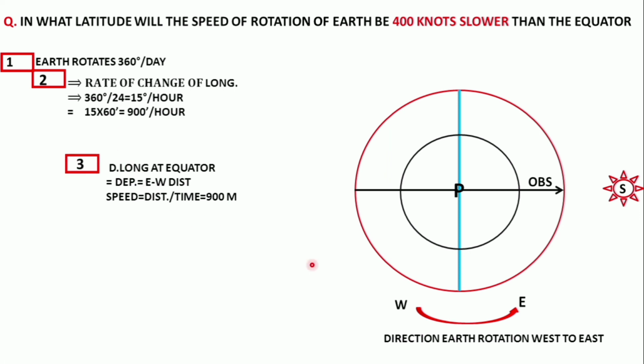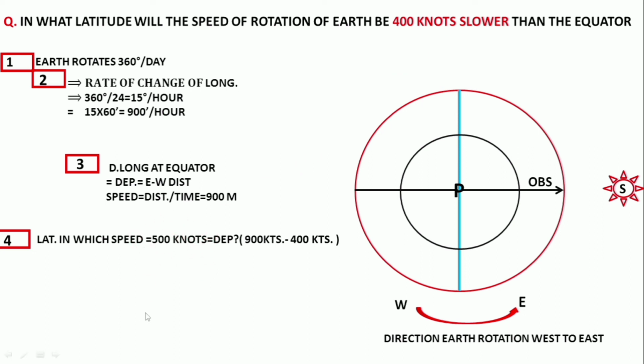Now D.LONG at the equator is also the distance the Earth is doing. So the equator would be moving at the rate of 900 miles per hour, and that is your speed per hour. He says at what latitude would the speed be 400 knots less? That means the speed should be 500 knots.